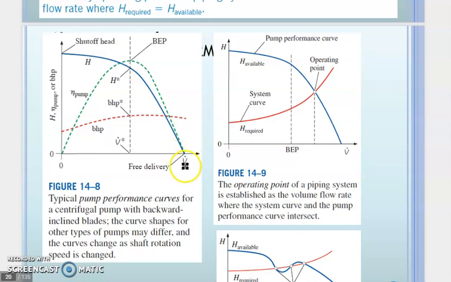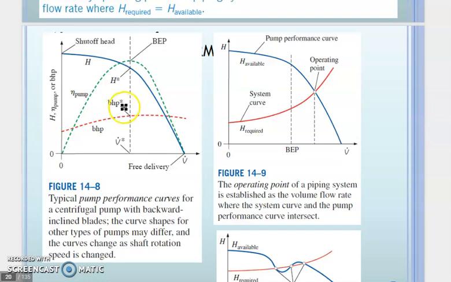Next, we have the efficiency of the pump, which is the green color here, and then you have the brake horsepower. The maximum of the pump efficiency is what we call the BEP. Here you are going to have H asterisk.